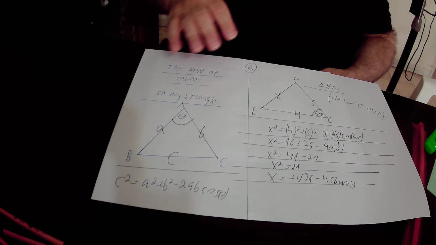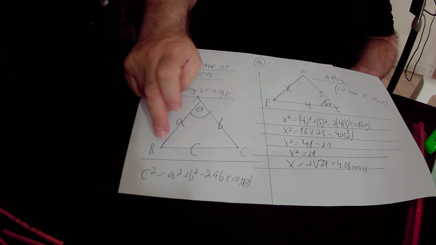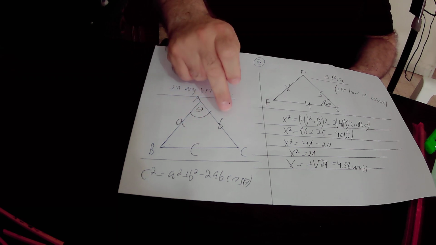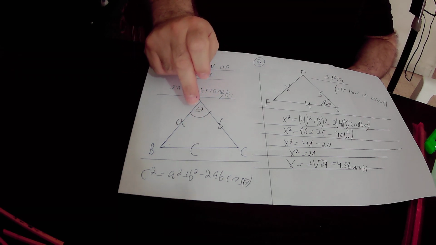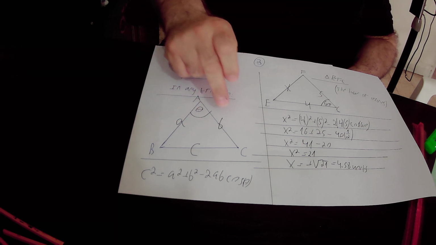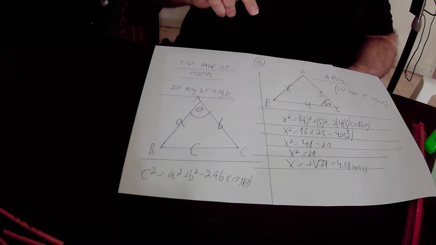Then in this triangle ABC, the following equation is true: c squared equals a squared plus b squared minus 2 times a times b times cosine theta. Again, c squared equals a squared plus b squared minus 2 times a times b times cosine theta.